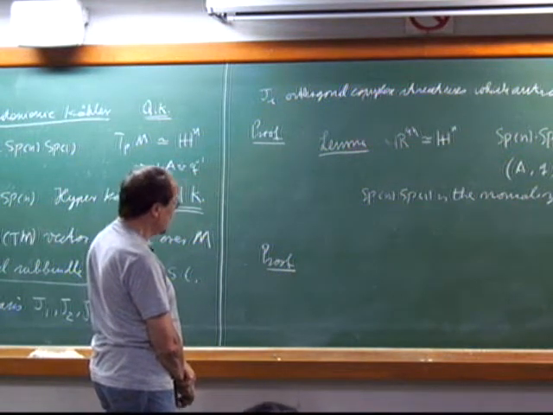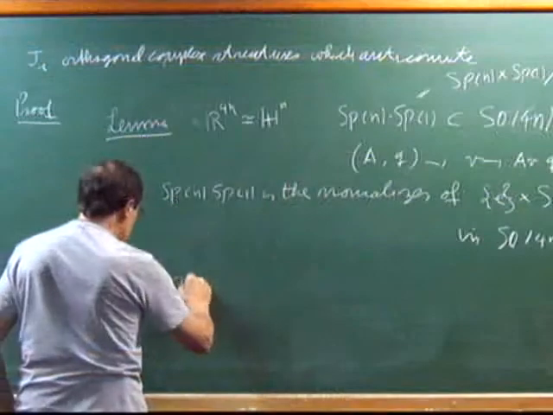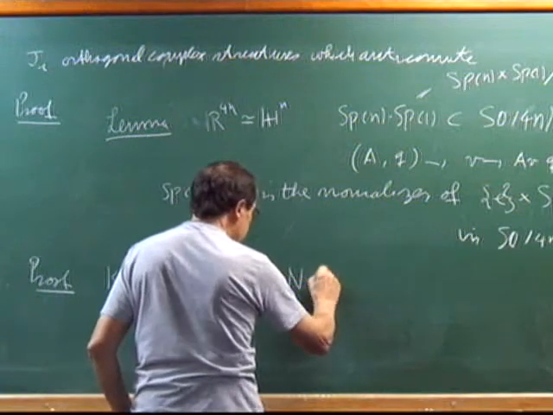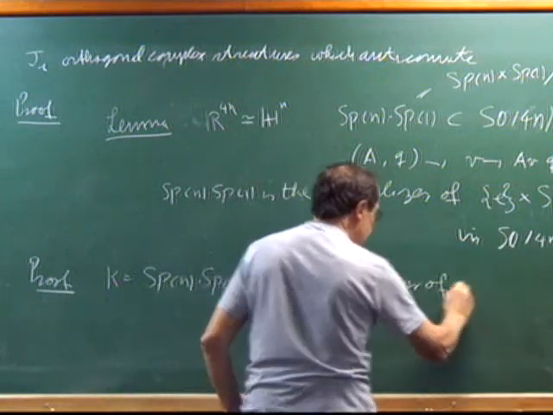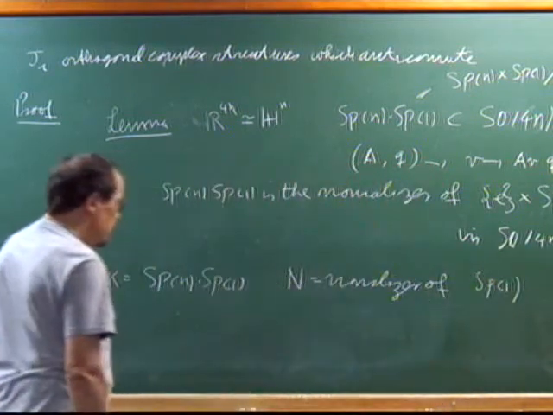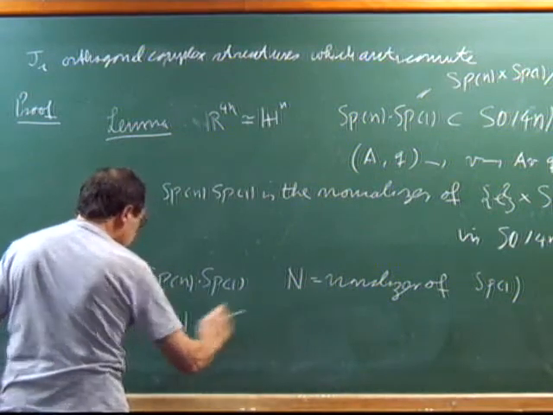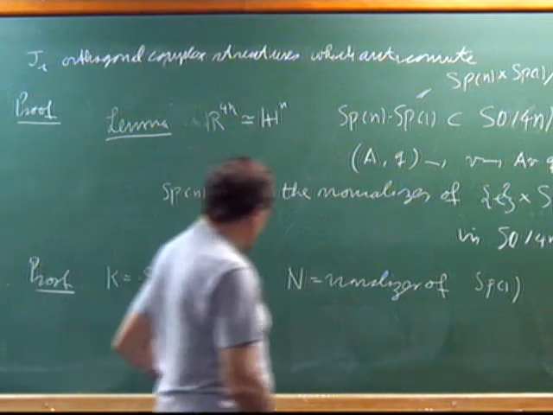Let's give these a name. Let's call K equals Sp(n)·Sp(1), and let's call N the normalizer of Sp(1). Then certainly K is contained in the normalizer. It's just a local product, so it certainly normalizes Sp(1), so you have to show the other direction.